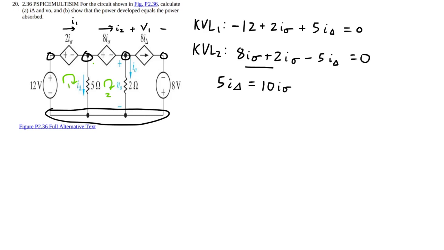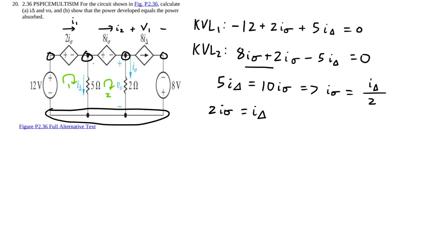If we take the ratio, I sigma is going to equal one half of I delta, so I delta over 2. That means that 2 I sigma equals I delta. So now we can plug back into our first equation, since we have an expression for it.